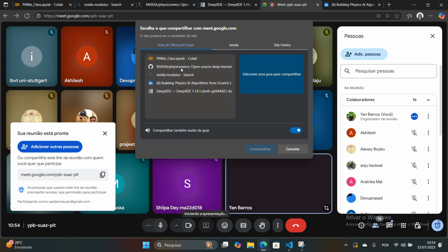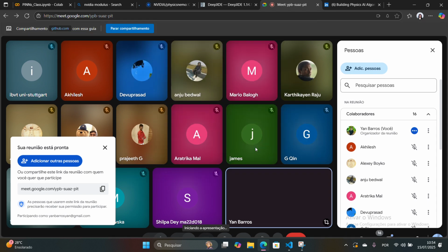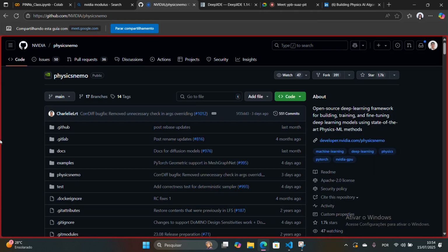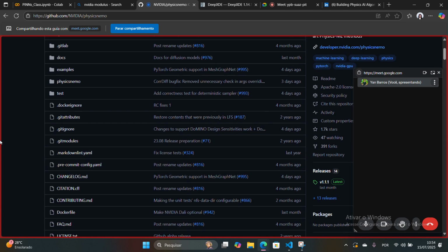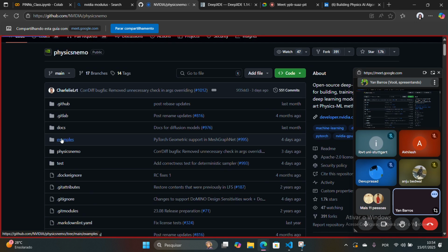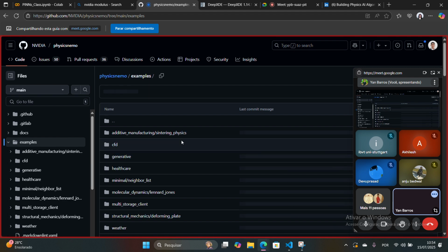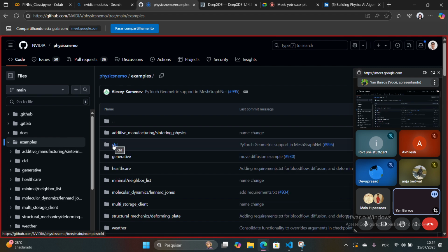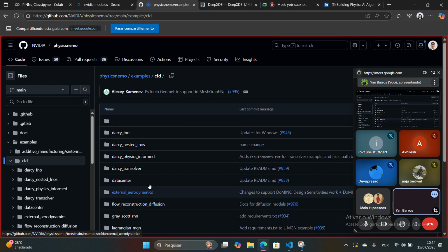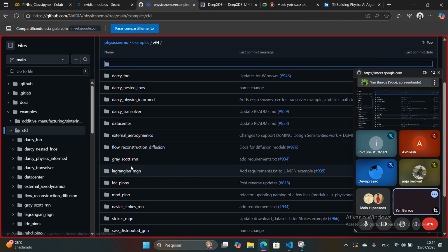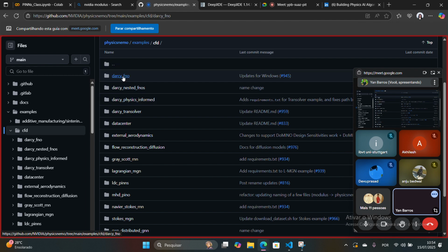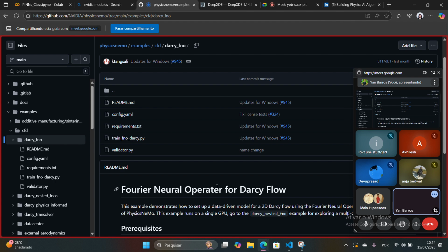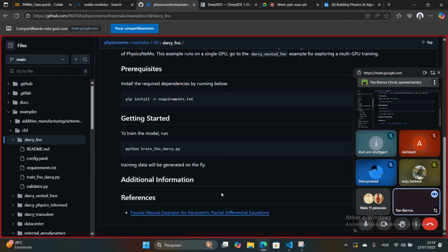Yeah, and this is the GitHub repository for Physics NeMo. Here we have some examples. For example, we have CFD, and we have Fourier neural operators for the flow.